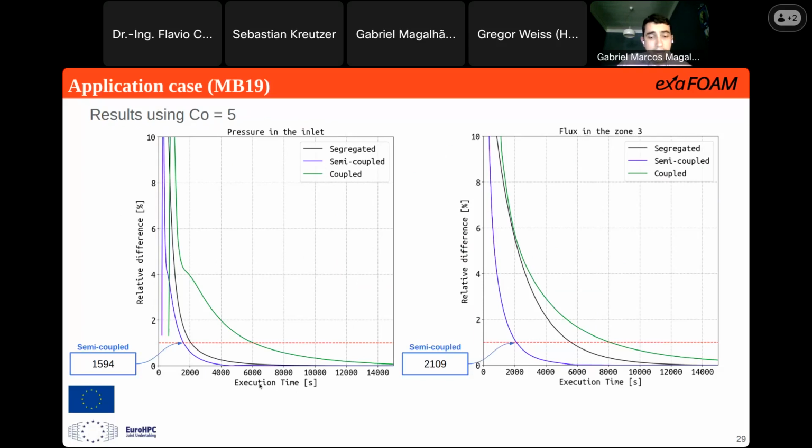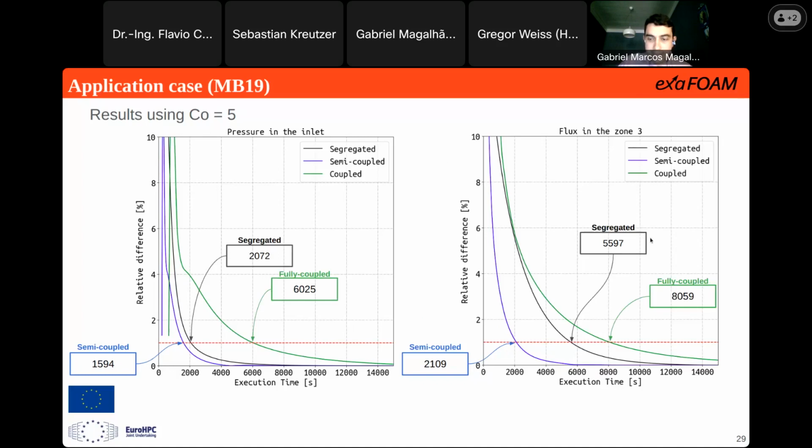The semi-coupled solver is the first to reach the convergence, and the convergence is determined by the flux in zone 3. After, it's possible to observe the convergence for the segregated solver, and last for the fully coupled solver. The convergence for all the solvers is determined by the relative difference for the flux in zone 3.